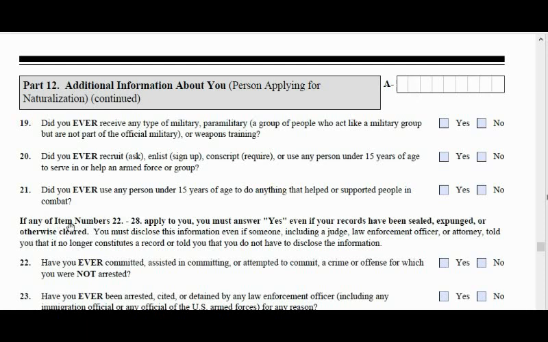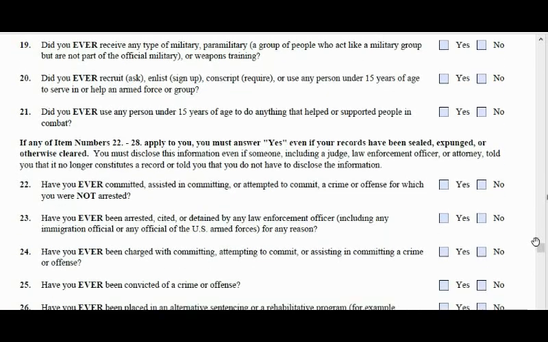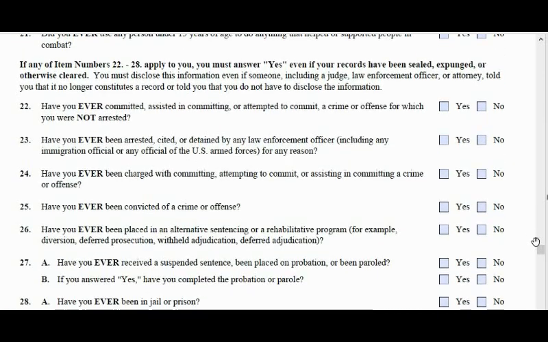If any of items 22 to 28 apply to you, you must answer yes, even if your records have been sealed, expunged, or otherwise cleared. Okay, so you're still going to answer yes. So this is about the following questions. If any of the items 22 to 28 apply to you, you must answer yes, even if your record has been sealed.